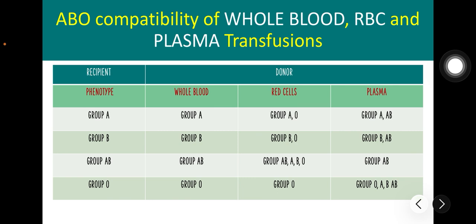For example, a group A recipient must receive group A whole blood. They cannot receive group O whole blood because the anti-A and anti-B in the donor's O plasma would attack the recipient's A cells. Because of these rigid requirements, whole blood has limited use in modern medicine and is mostly reserved for massive hemorrhages or specific autologous situations.